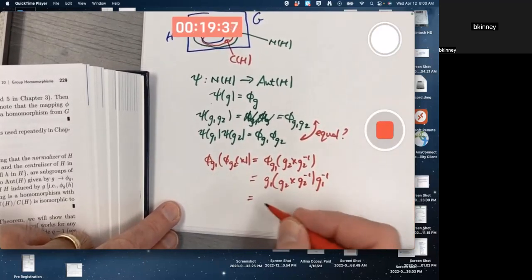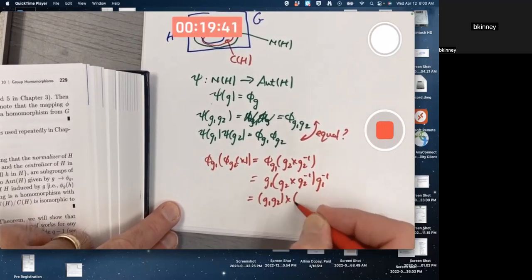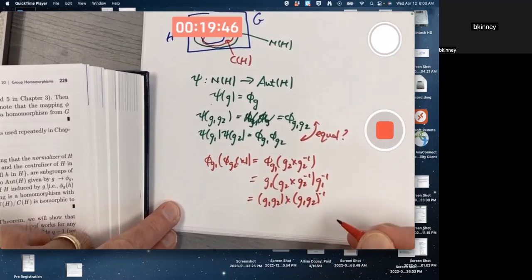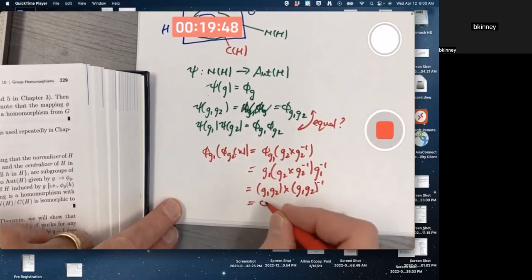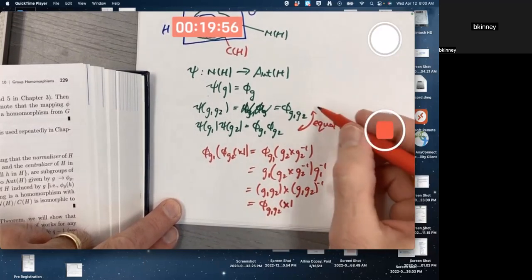And the trick here is to use the associative property and the socks-shoes property to rewrite that like this. And that's the same as the inner automorphism phi sub g1 g2 of x. So yes, these are equal.